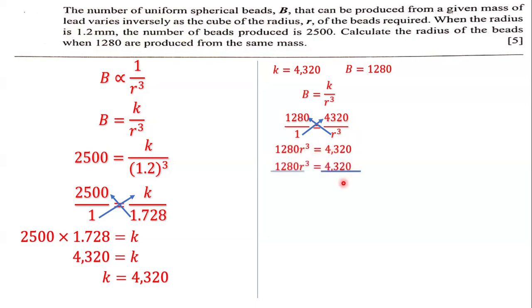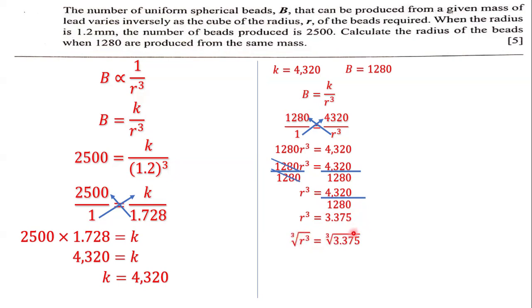Next, we divide both sides of this equation by 1,280. We cancel, and so R cubed is equal to 4,320 divided by 1,280, which is 3.375. Next, we take the cube root of both sides.